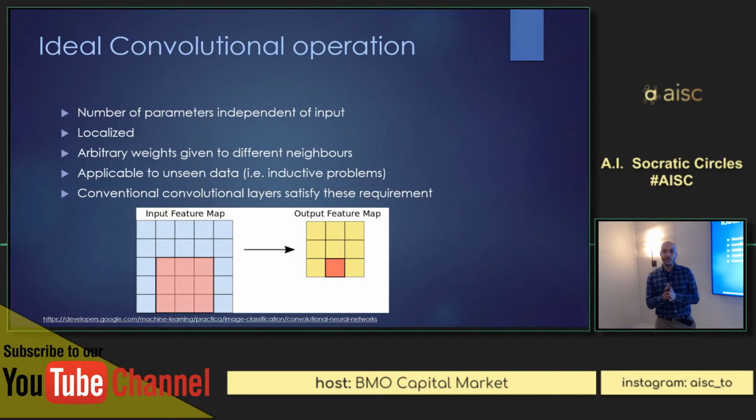Another one is it should be localized. There are many different kinds of graph neural network algorithms that use global information to compute the convolution, such as spectral methods. But in convolutional neural networks, the aim is to have a localized filter, preferably using nodes that are 1 or 2 edges away from a particular node.